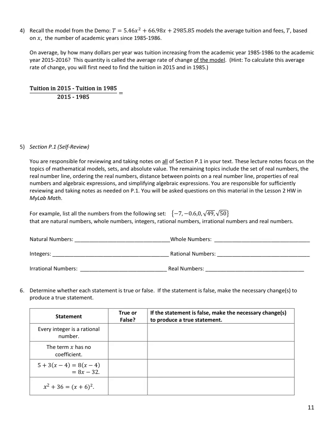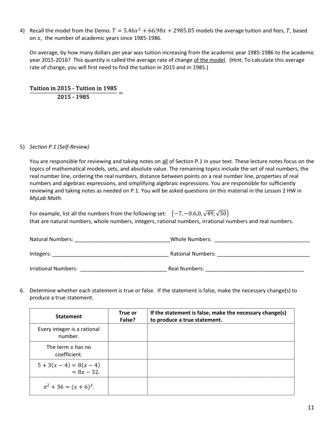Recall the model from the demo that showed tuition and fees T based on the number of academic years since 1985-1986. So on average, by how many dollars per year was tuition increasing from 85-86 to 2015-2016? So this quantity is called the average rate of change for the model.